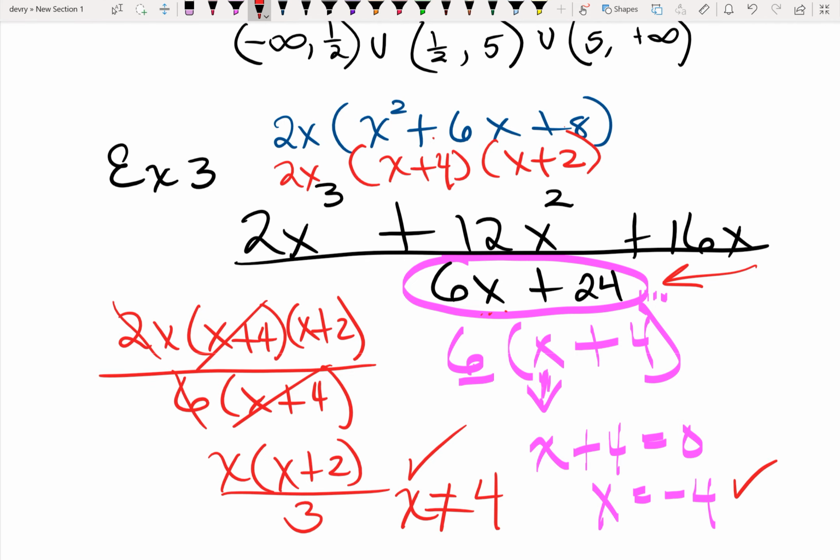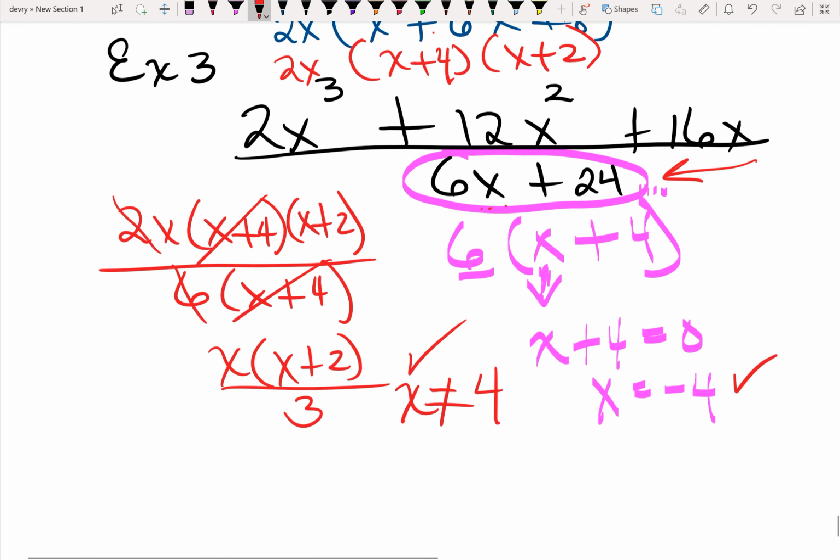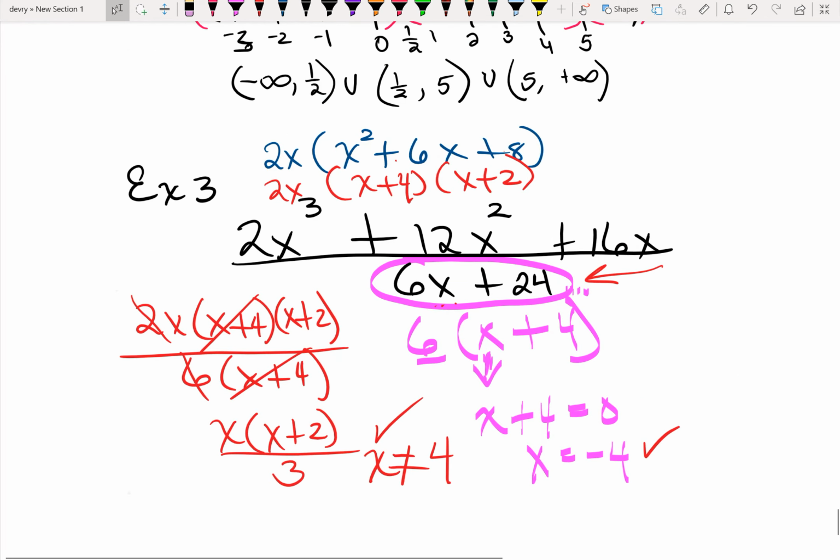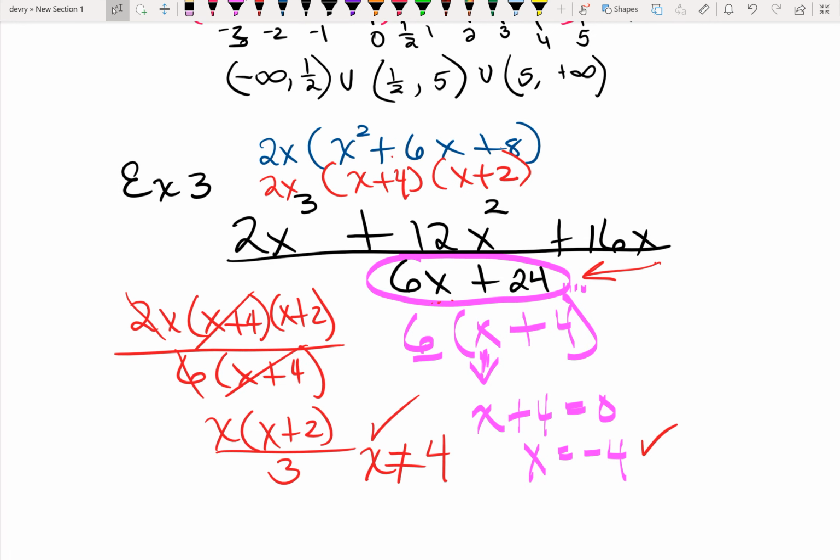Okay, and so your final solution is that. Alright, so that one, just keep that in mind. You always go back to the original value here, which is in the denominator. Make sure you eliminate that.